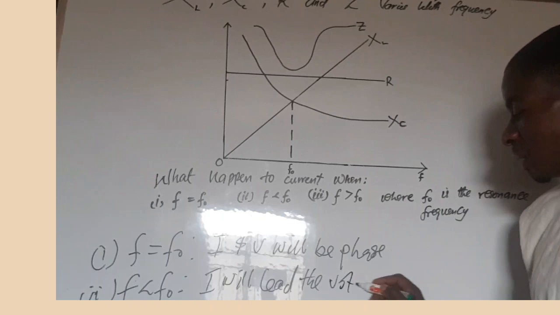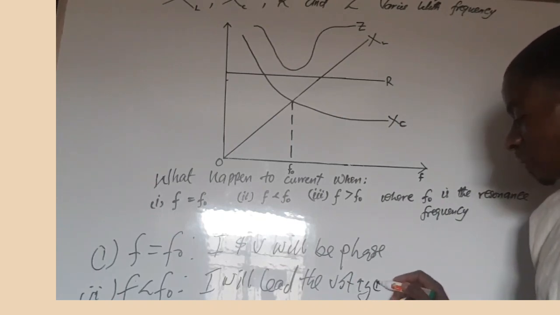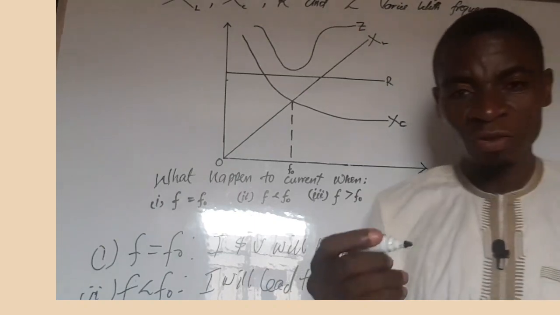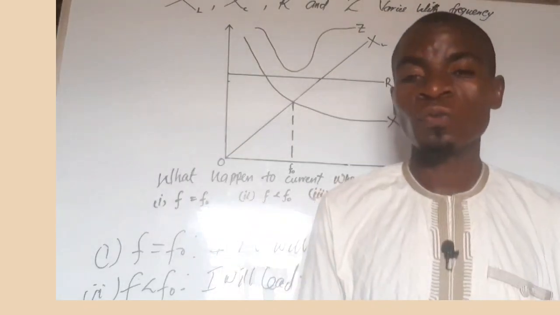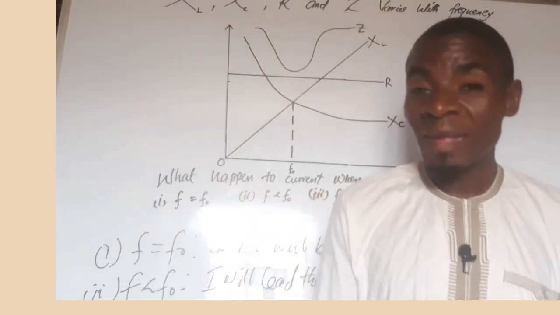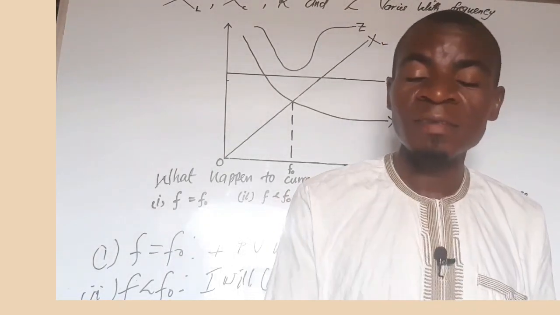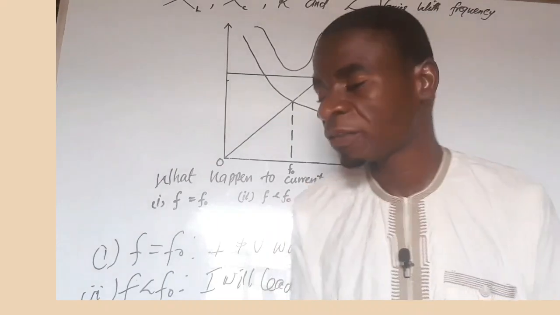The current will lead the voltage by a value of 90 degrees. That is if the frequency is less than the resonance frequency.